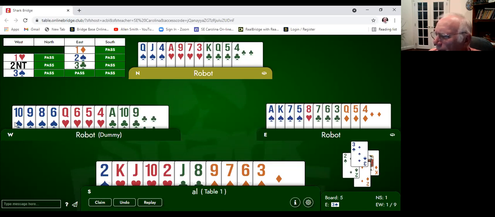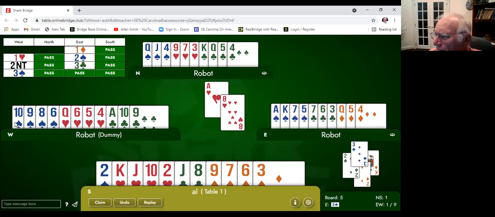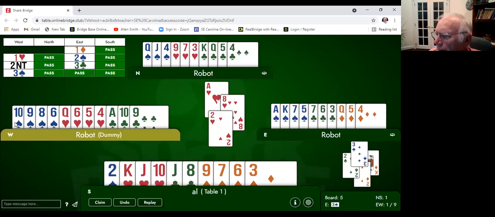He says, I don't want that heart to go away. My partner said they've got something in hearts. So he leads the ace of hearts. So he doesn't want to give the declarer the opportunity to throw that heart away on another trick. Okay? So we give our partner a positive attitude signal saying, hey, I like hearts. Continue the hearts if you want. Okay, it just reinforces what he did on trick one.